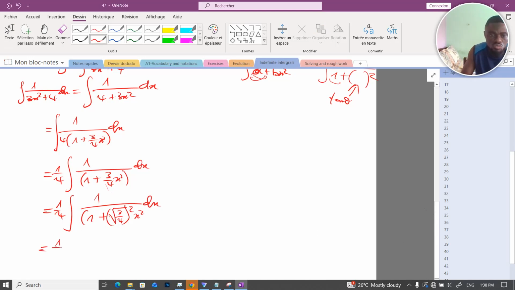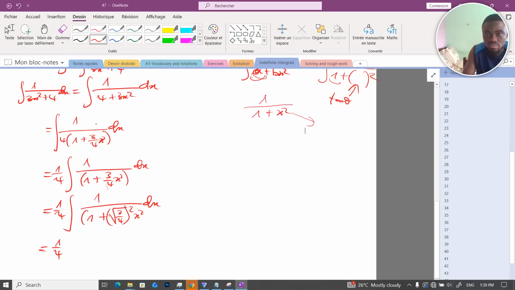Now things are already very simple. This will be equal to 1 on 4. Take note of something here. If we were simply asked to integrate 1 over 1 plus x squared, I would not waste time.